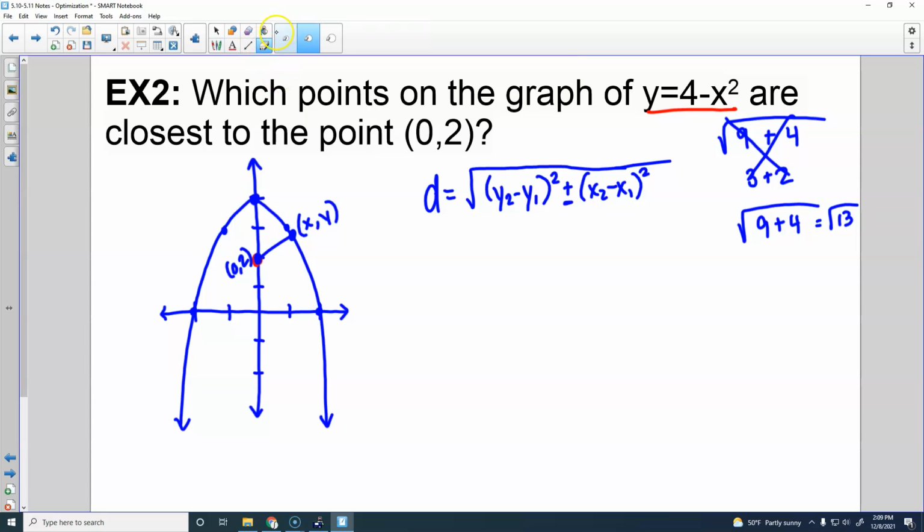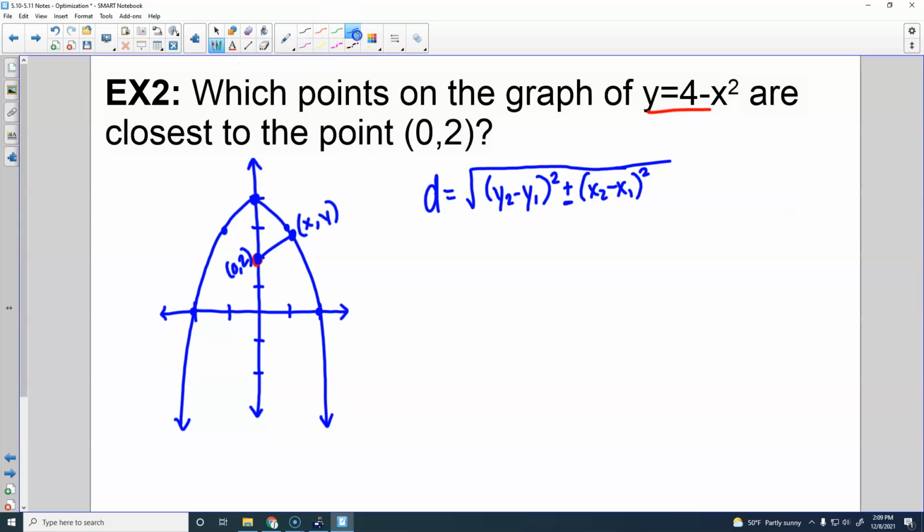Well, that is the fact. If you see a square, you do need to square it. No, squares do not cancel out.